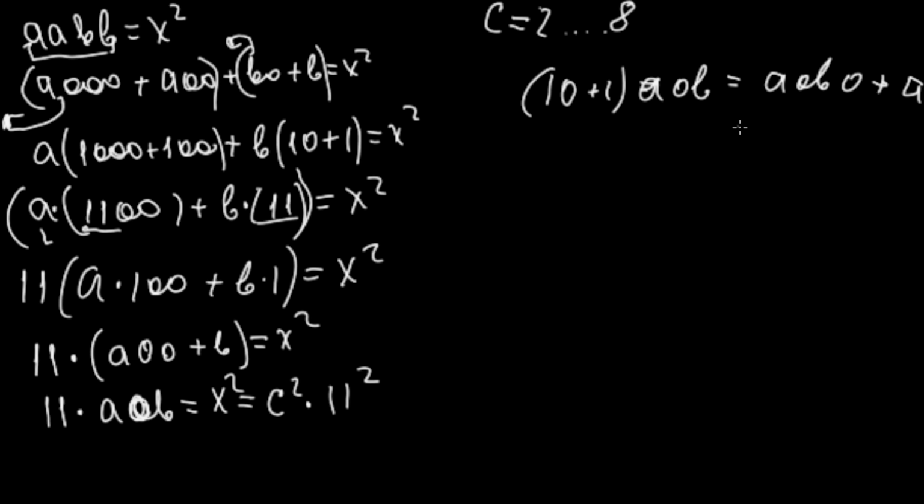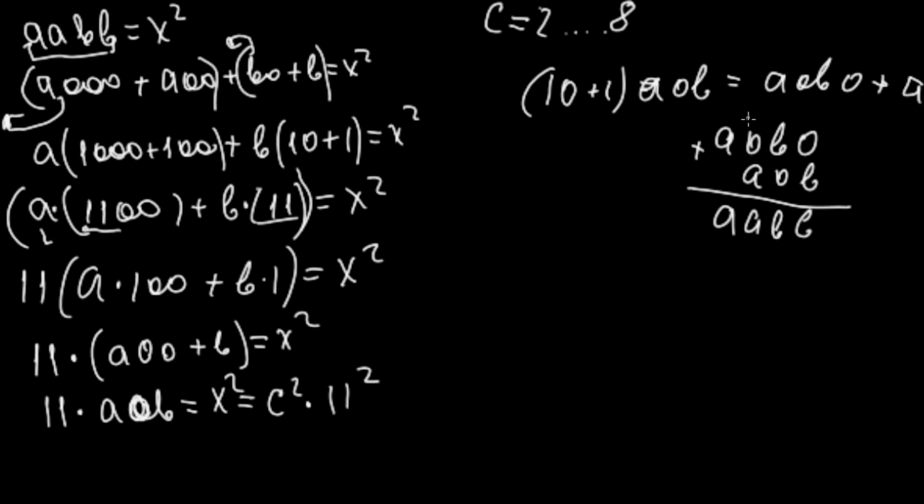So if I add it, it's a, then b plus b, then 0, then a. Can you see the magic here? 0 is magic here. In the middle here, we need to get 0.